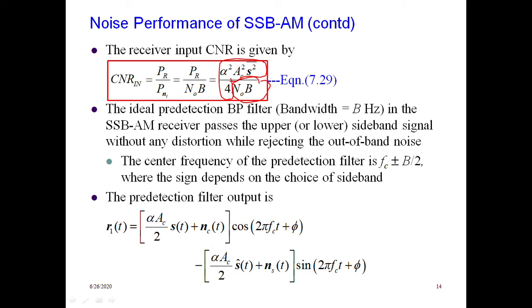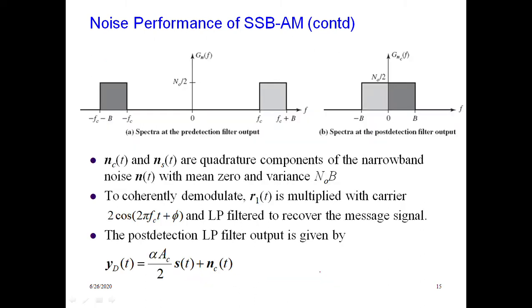At the pre-detection filter, again we will have two parts, and at the post-detection we will include the upper sideband only. So at r1(t), after the filter, we multiply with the carrier and also a filter. This is at the post-detection low-pass filter.